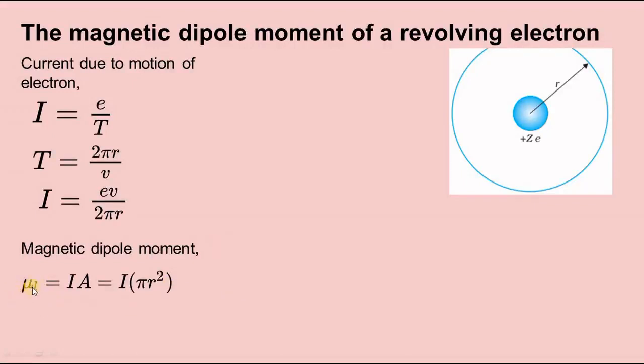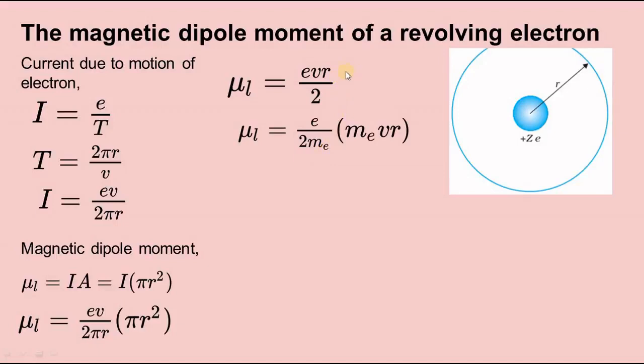Here mu L is the symbol used to represent the magnetic dipole moment of electron. So mu L equal to I into area, where area is pi r square. Substituting for I, we get ev by 2 pi r into pi r square, or mu L equal to evr by 2.